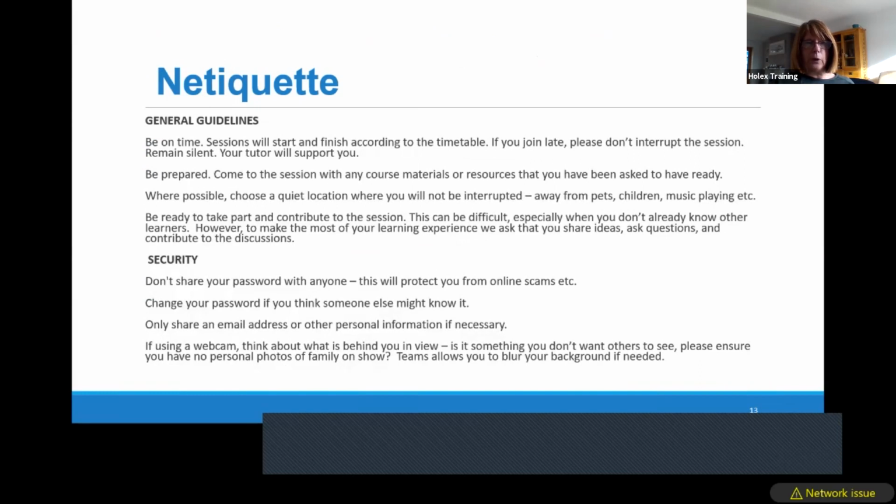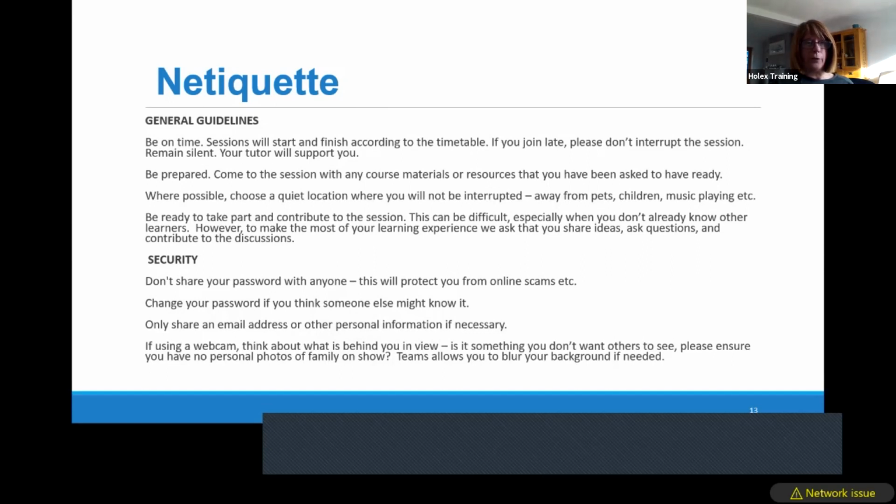Talks about security, not sharing your passwords, changing your passwords, about email addresses. If you're using a webcam, this is really important, and there's a big debate about whether people should have cameras on or not. But as I've already mentioned, we can't see what's going on if people don't. Also, I think it's something like 70 to 90% of communication is body language and facial expressions.